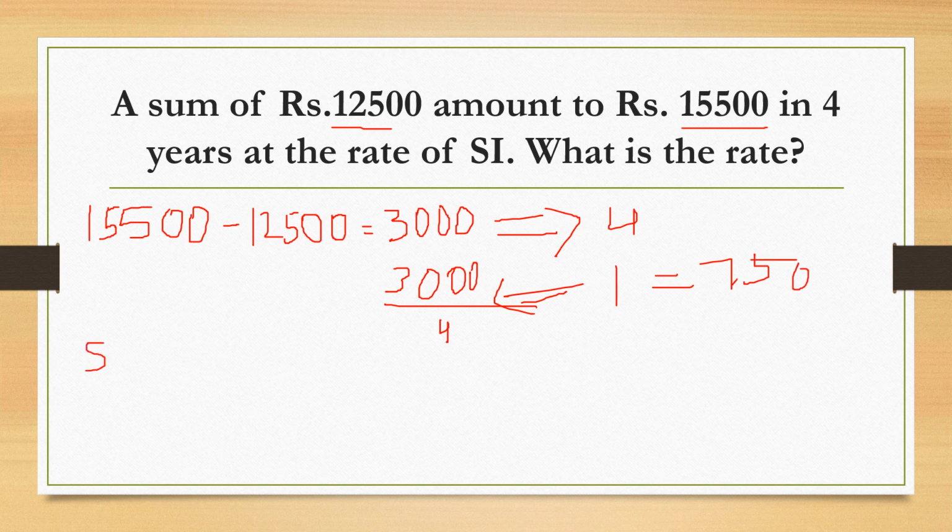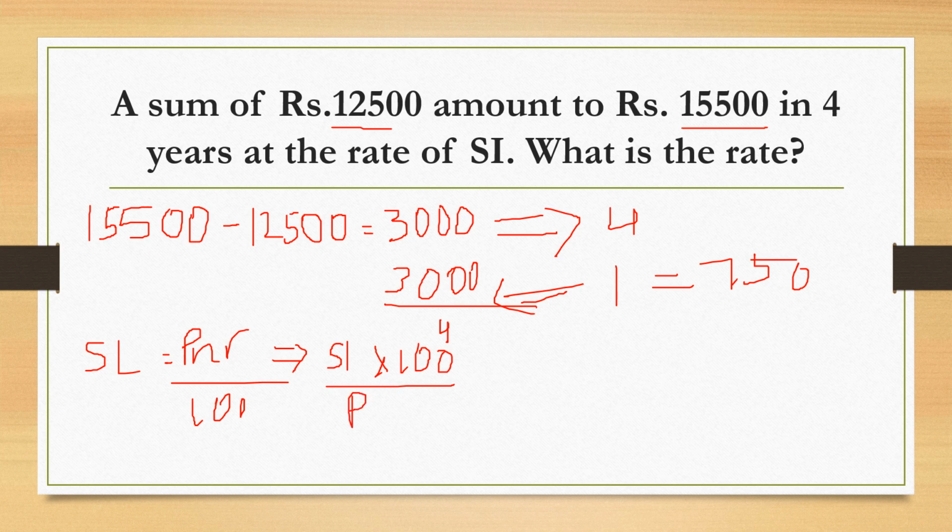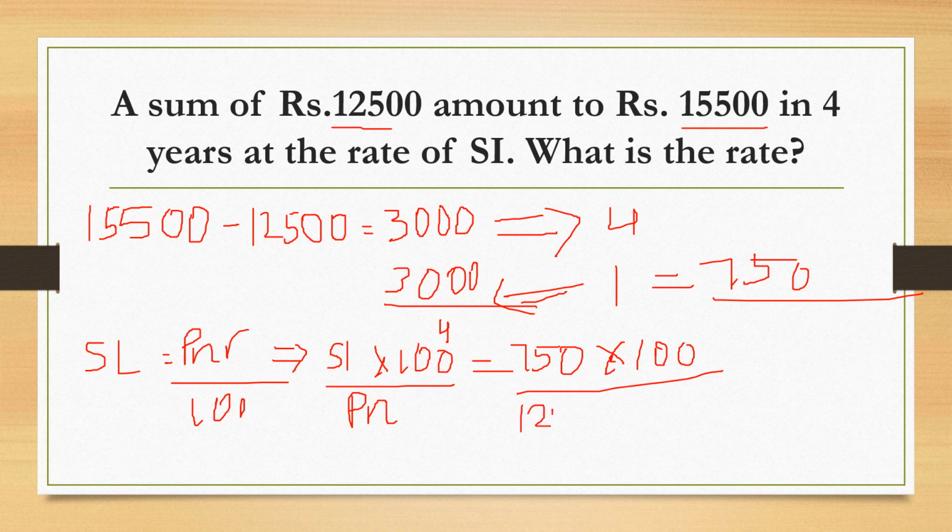Now we have to find the rate. We know that the equation of simple interest is PNR by 100. Here we have to find out the R. So SI into 100 by PN. Here SI for 1 year is 750. 750 into 100 divided by P is 12,500.